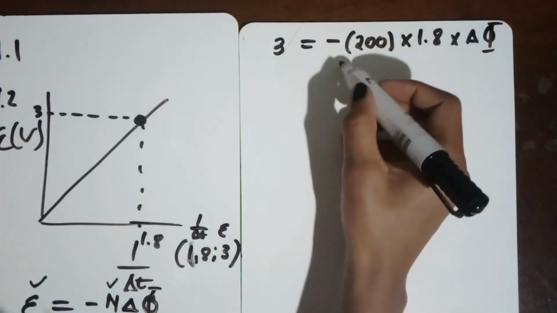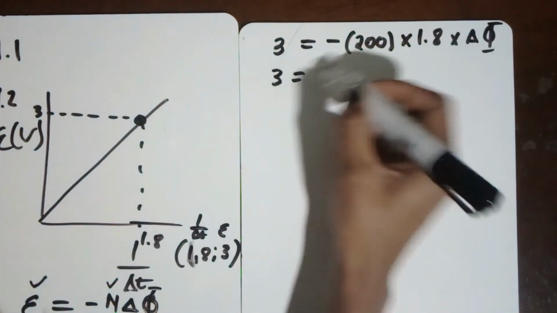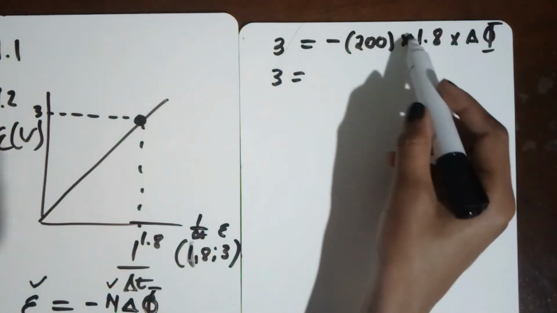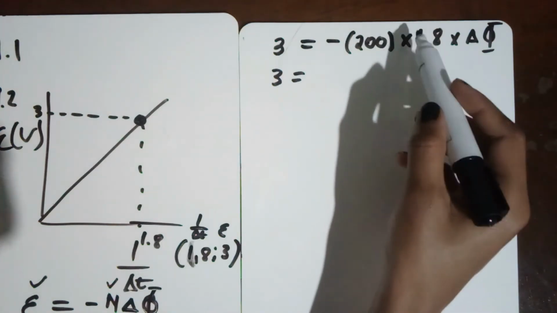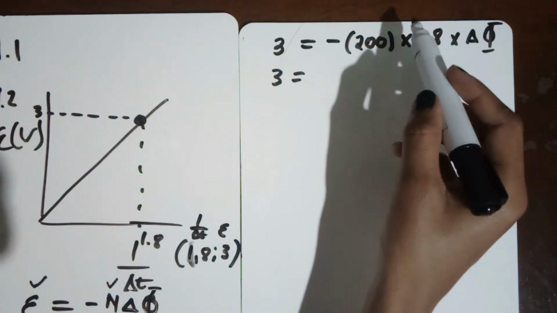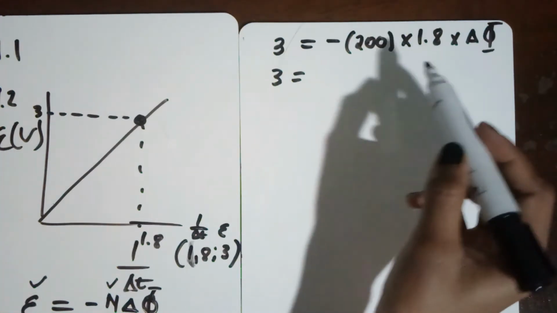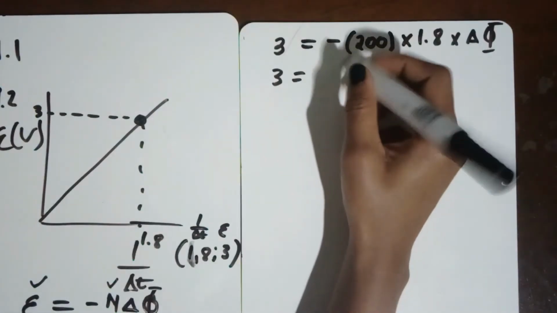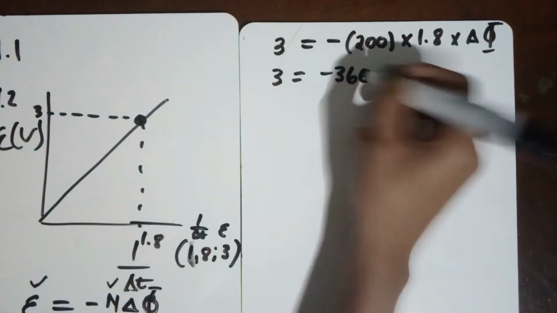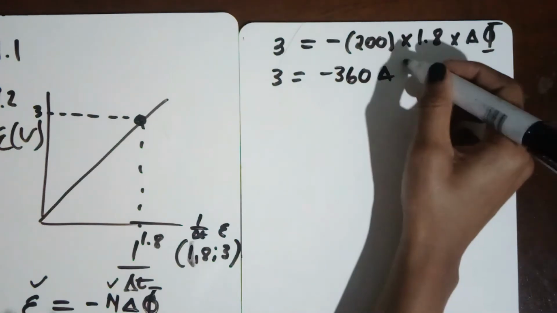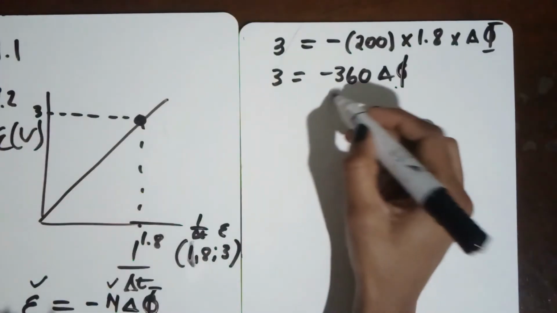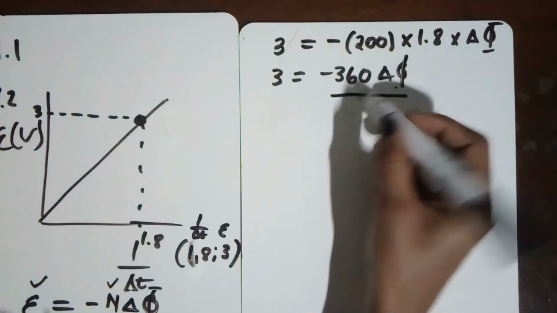So 3, so minus 200 multiplied by 1.8 is going to give me a value of about, let me just do it quickly, negative 360. Then we have your change in magnetic flux, right? I want to be left on the side of the change in magnetic flux.